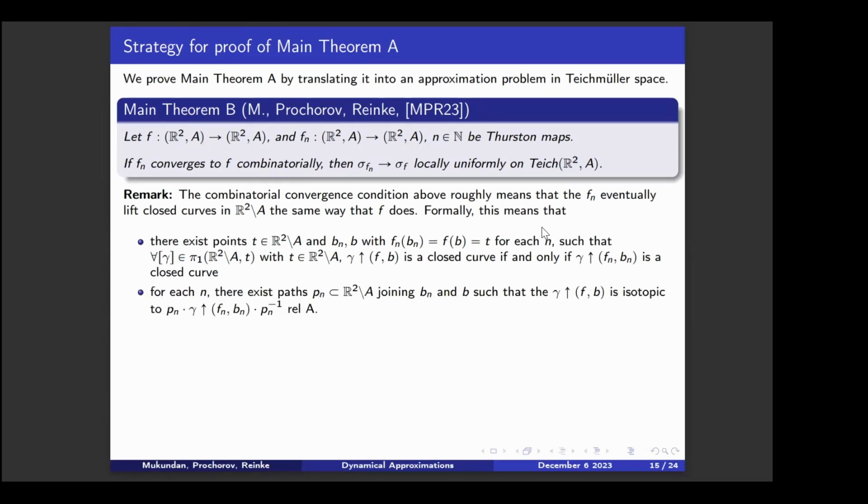And the second condition that you need is that these lifts actually need to be homotopic. So if the curve is closed, then for each n there exist paths, so that when you take a curve in the codomain, when you lift it under F and when you lift it under Fn, these paths conjugate one of the lifts to the other.